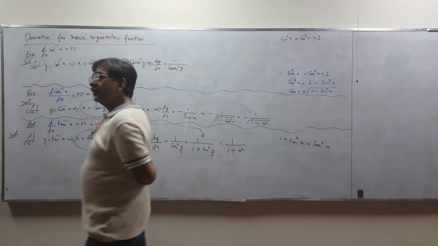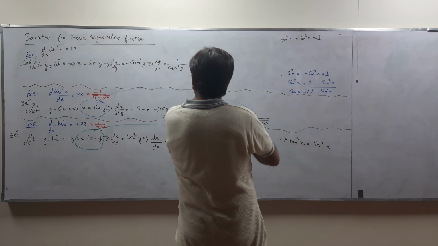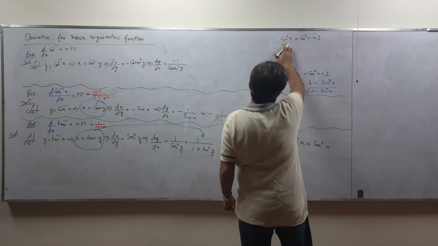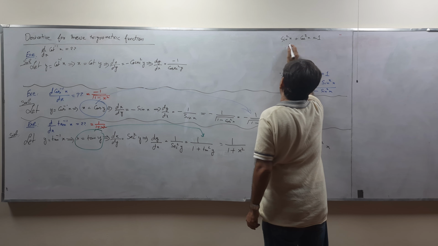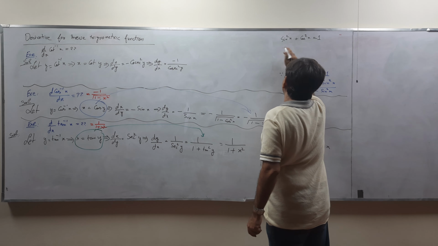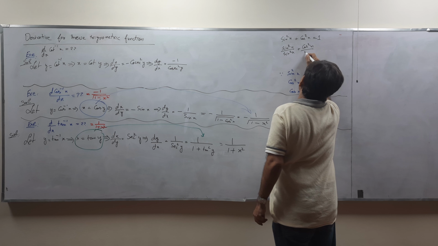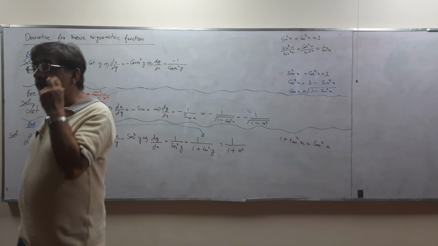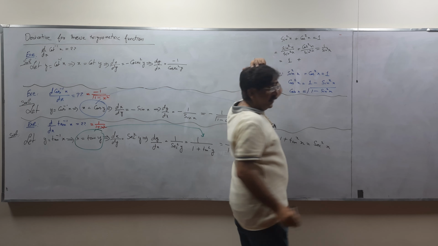If I divide it by sine square, then sine square divided by sine square will be 1, and cos square divided by sine square is cot square.